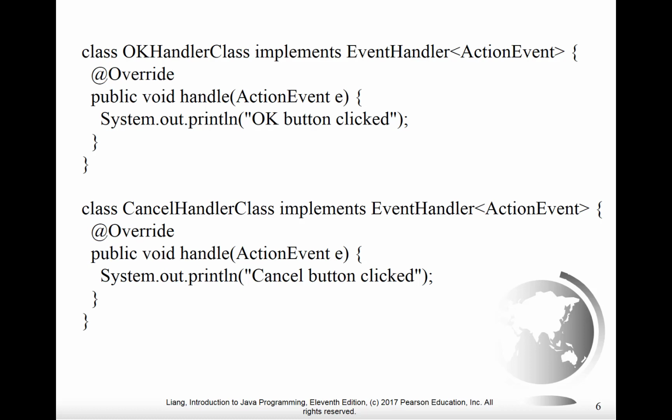And as you can see, our response to that button click is very simple. All we do is print a message on the console that says OK button clicked. Now I won't go through the entire rest of the code on this slide because it's the same story all over again, but with the different button, and as a result a different message. Instead of OK button clicked, it says cancel button clicked instead.